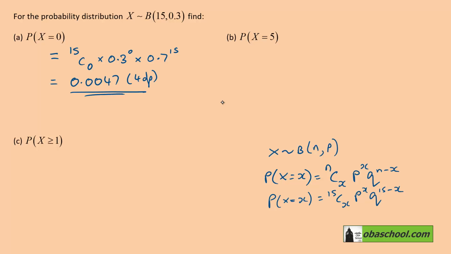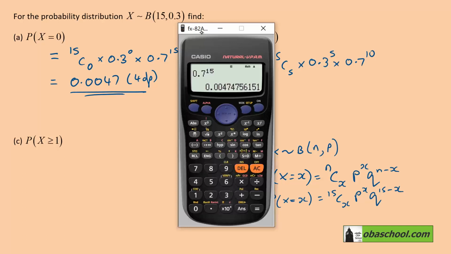Probability X is 5 is going to be 15C5 times 0.3 to the 5 times 0.7 to the 10. So we can calculate that.